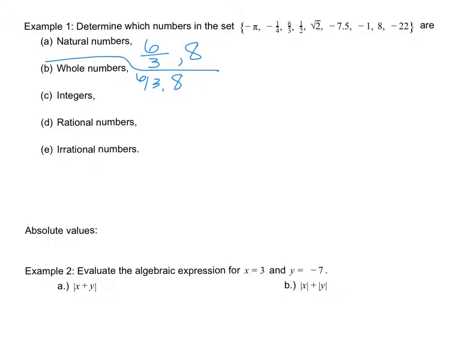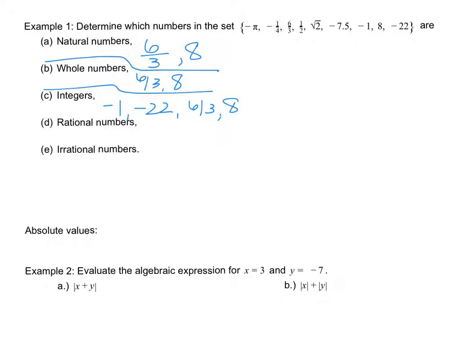Okay, our integers are the positives and negatives, but whole values. So we have -1, -22, which is adding to the +6 and the +8. Our rational numbers is anything that can be written as a fraction or a decimal that terminates.